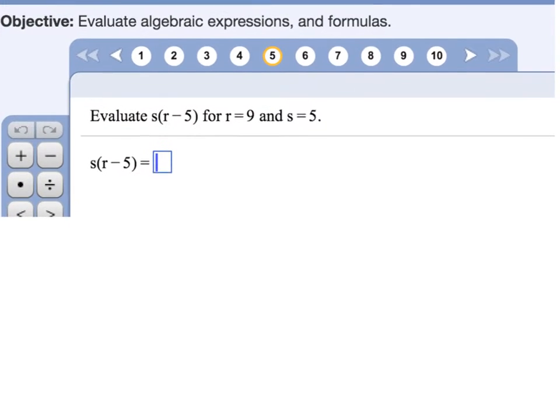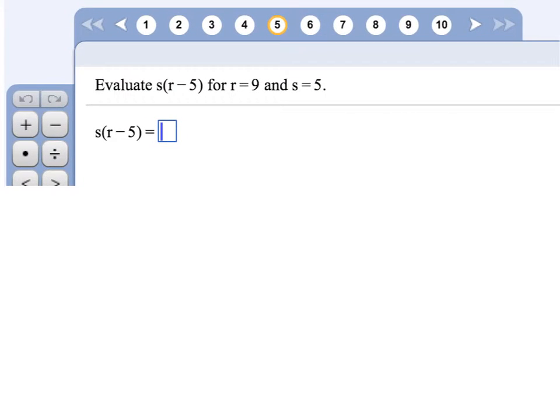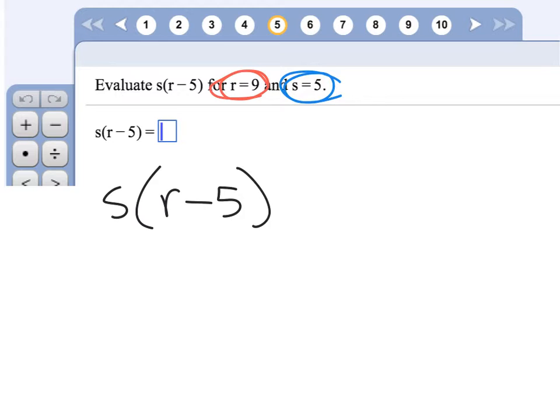So here, evaluate s times, so remember that parenthesis means we're going to multiply, r minus 5. Now we're told two things. R is really a 9, and s is really a 5. All right, so let's substitute. S is really a 5, and R is really a 9, so you get this.